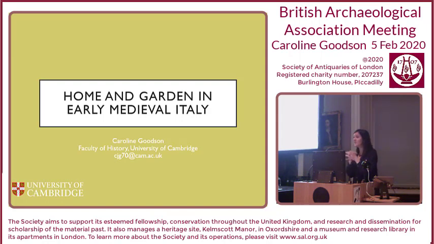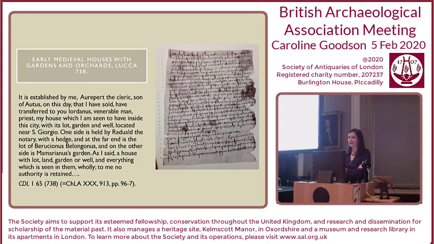Here's one. This is a document that's preserved in the original from the 8th century in Lucca, and it's a document from Lucca. I've excerpted the relevant bits that I want to talk about here. It's a property transaction, a sale in which Auerpert the cleric sells to Jordanus, a venerable man, priest, his house, which is located inside the city of Lucca with its lot, probably meaning the curtilage, that is the land right around the base of the house, a garden and a well that's located near San Giorgio.